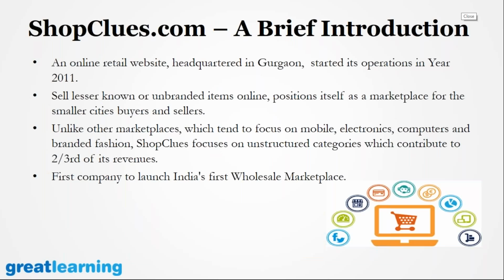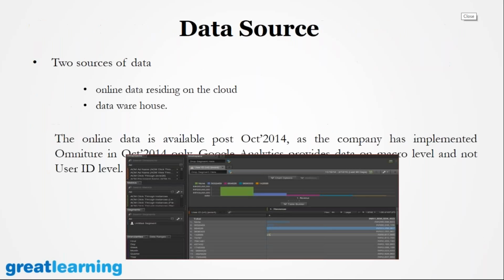Now for the study, the propensity of buying study for the marketplace, we had two sources of data: online data residing on the cloud, and the data warehouse. The online data is available post October 2014, as the company implemented Omnichannel only in 2014.